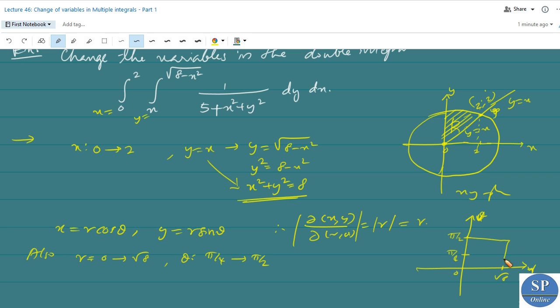So this will be the corresponding region in the r theta plane. This region R is mapped into this region S.